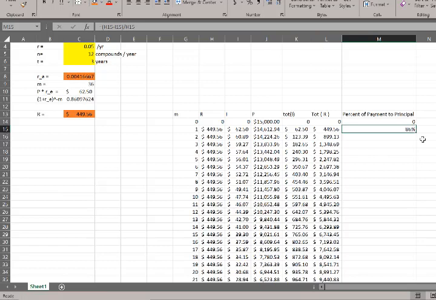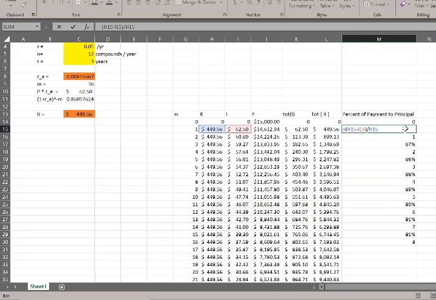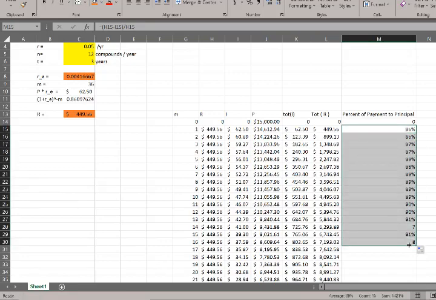So that means that 14% of your payment is going only to interest, and only 86% goes towards paying down the balance of the loan. And you see as you, okay, yes, I see what happened here.